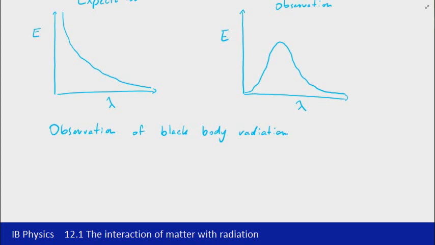Now, talking about it being hypothetical, there are some objects like stars, for example, that are very close to being blackbody objects. So there are some very close approximations, and by observing those blackbodies, it showed that low energies were radiated at short wavelengths.